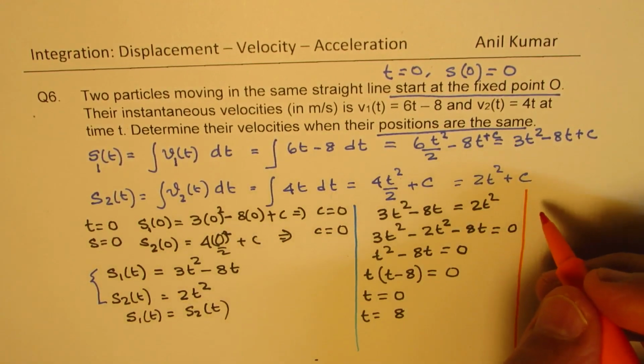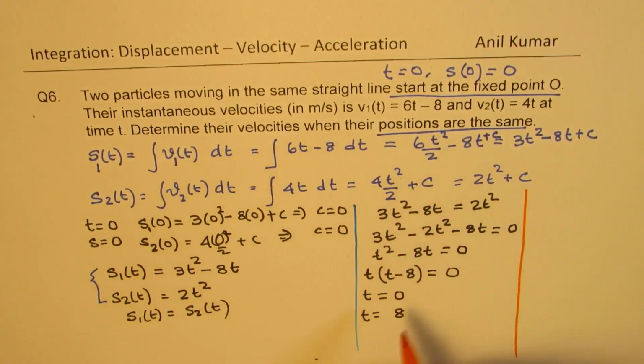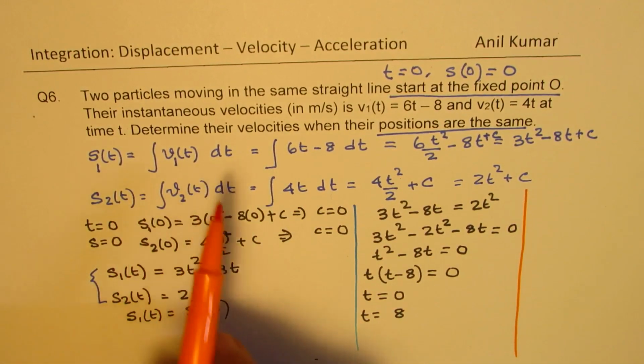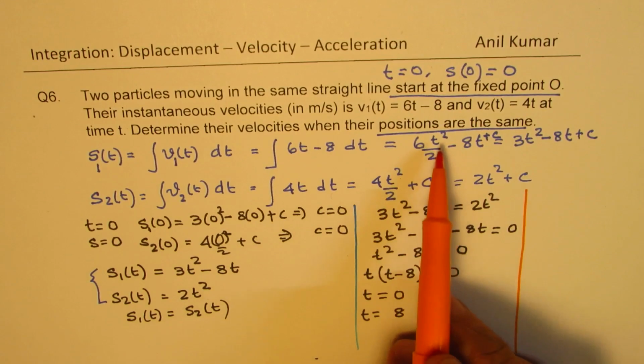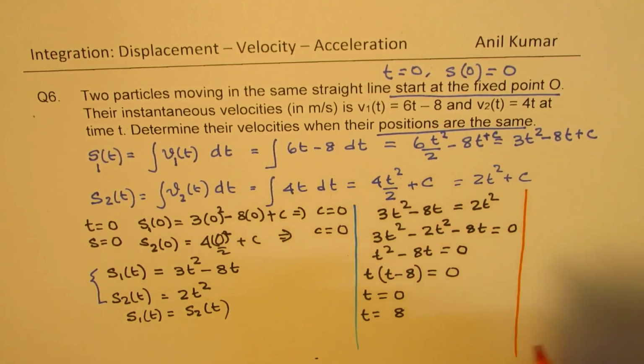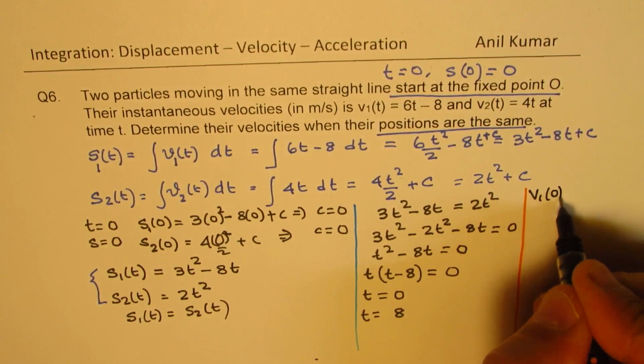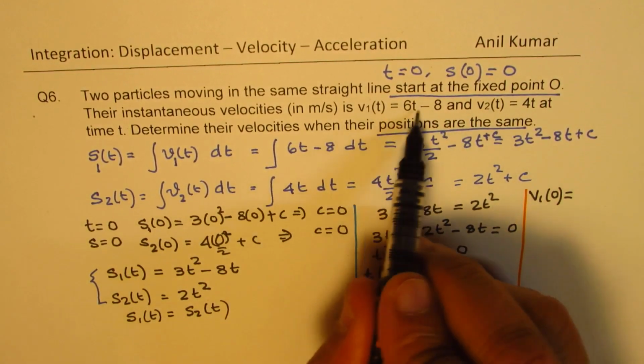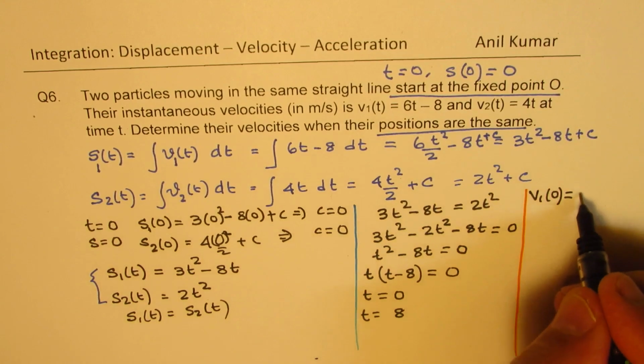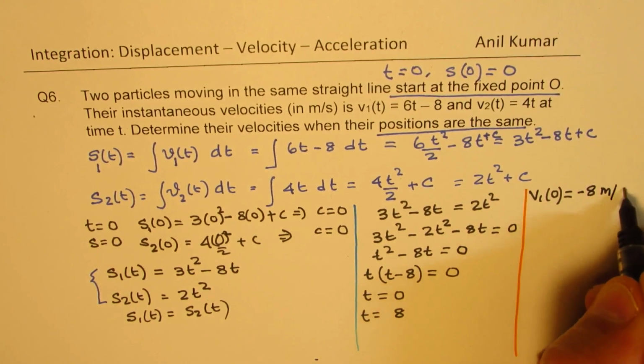So what we will do here is that we'll calculate the velocities at both the times, right? We know the velocity functions for v1 and v2. So let's calculate both velocities at t equals 0 as well as t equals 8, right? So for v1 at 0, we get what? If I substitute 0 here, we get minus 8 meters per second.